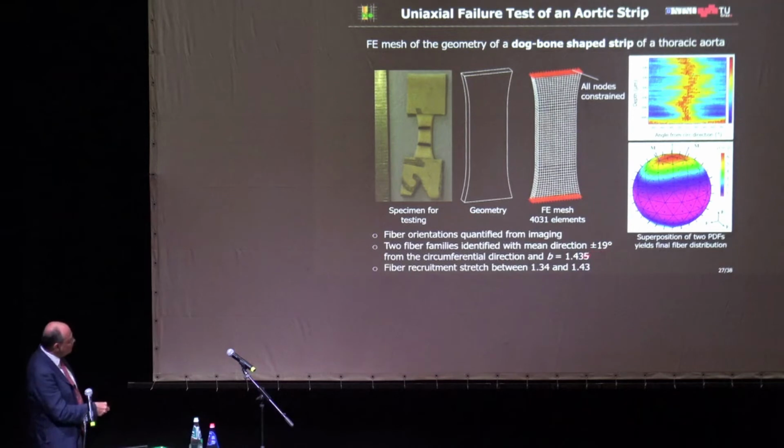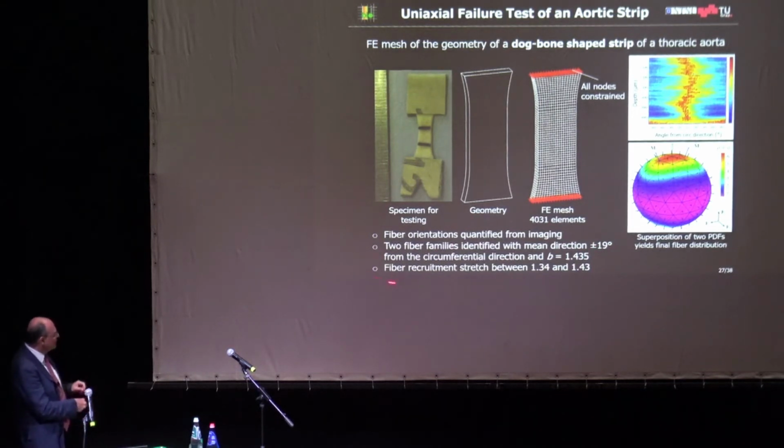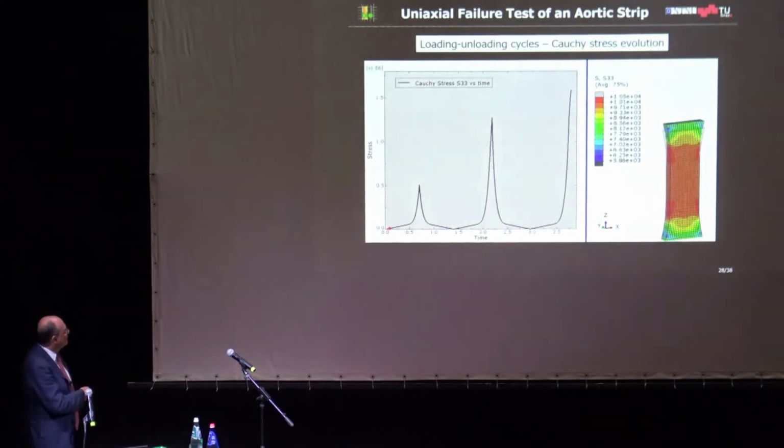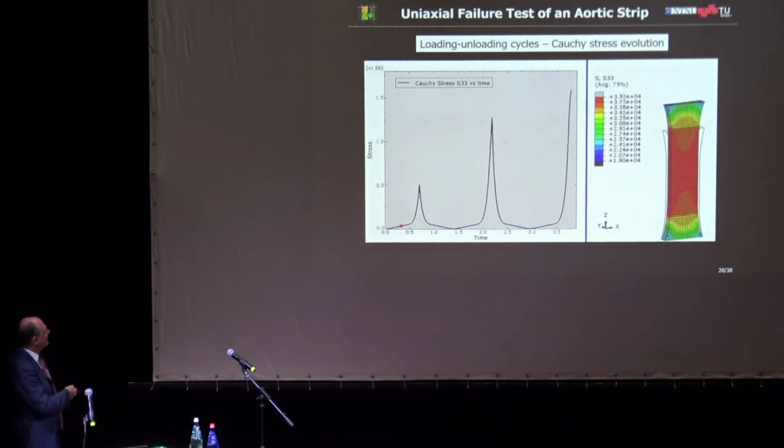So we extracted from imaging, and also from imaging we got this fiber recruitment stretch. You know, at which stretch lambda the collagen fiber is really straight, and that varied between 0.34 and 0.43. So we used also a statistical distribution of this fiber recruitment, and then we just did this analysis.